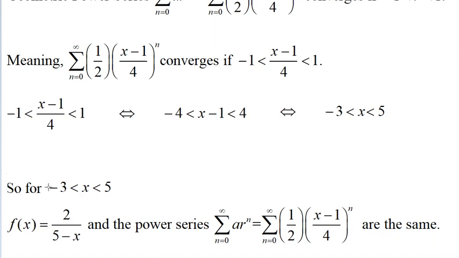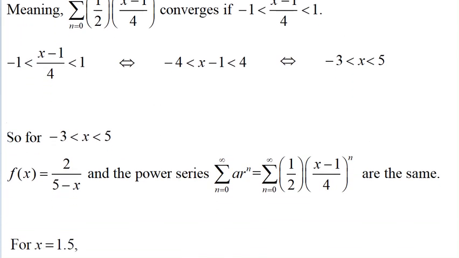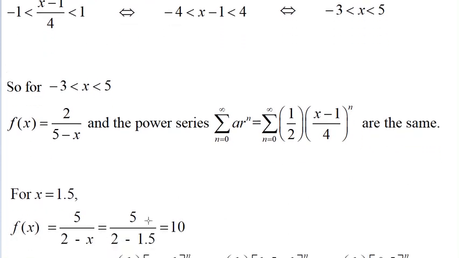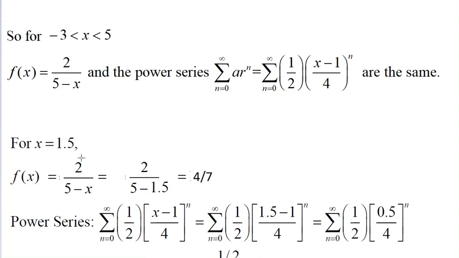And so let's pick a number between negative 3 and 5. So let x be 1.5. So if x is 1.5, then for f of x, in the place of x we put 1.5. So 2 divided by 5 minus 1.5 comes out to be 4/7.